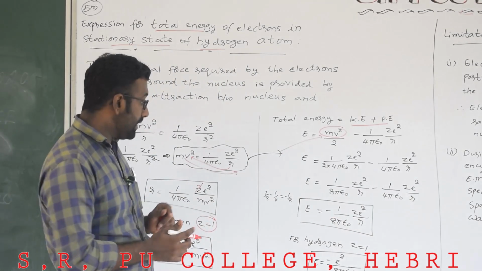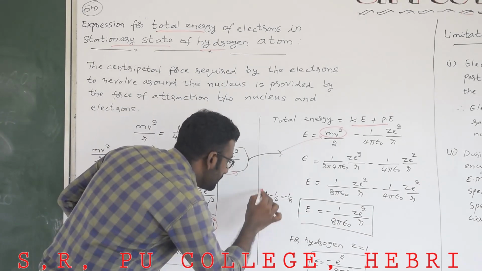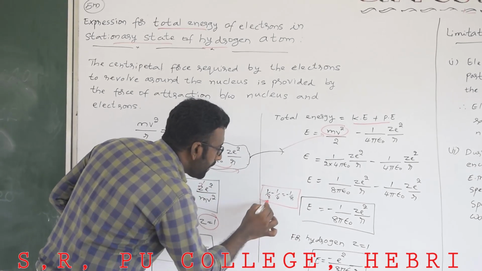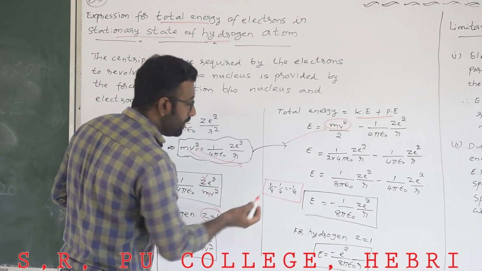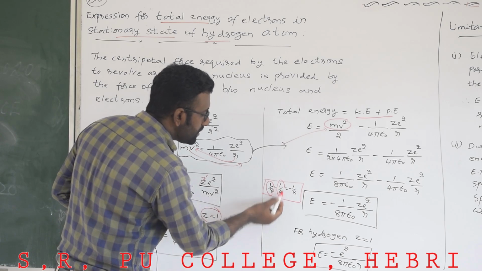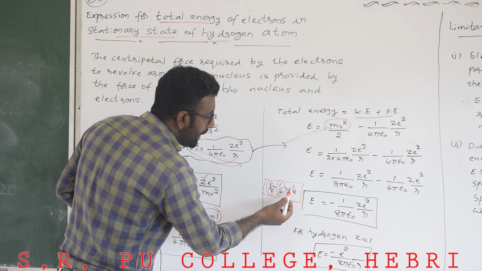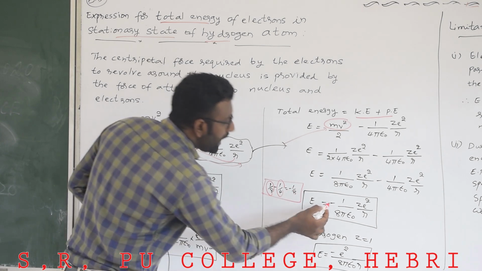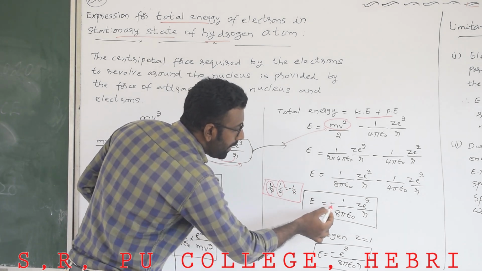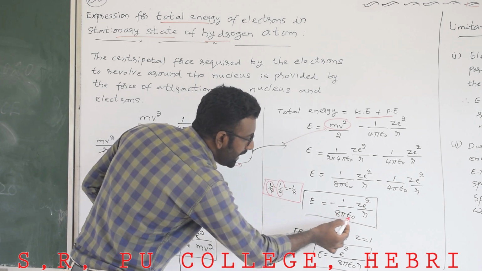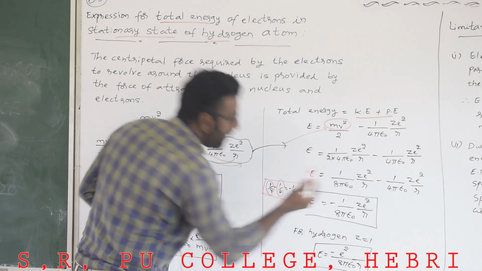Now you see here, this equation is similar to this. 1 by 8 minus 1 by 4. You know, right? This is a smaller number minus bigger number. So what happens? You will get a negative number, minus 1 by 8. So that minus comes over here: minus 1 divided by 8 pi epsilon naught Ze square by r.